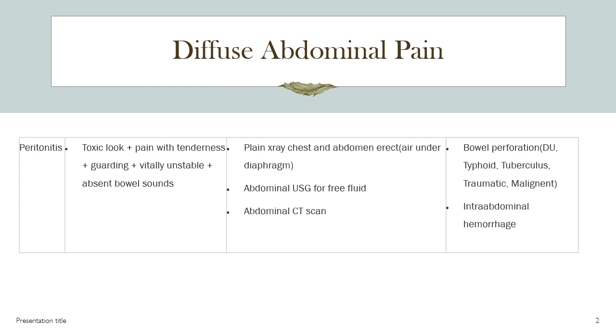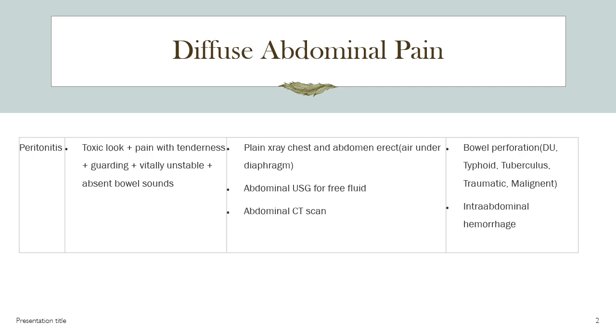So if the patient presented to you with diffuse abdominal pain, and you have taken the history of that patient and you have examined that particular patient, and you have these findings: the patient has a very toxic look, he is sweaty, he is pale, and he is very anxious or drowsy or confused, and on examination the patient has tenderness and guarding as well.